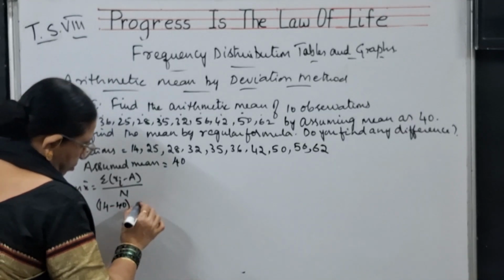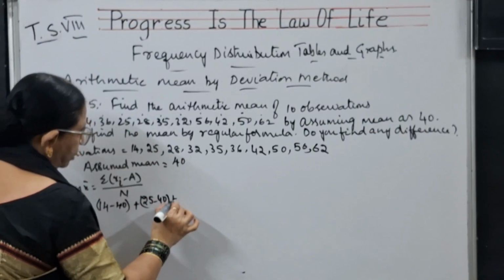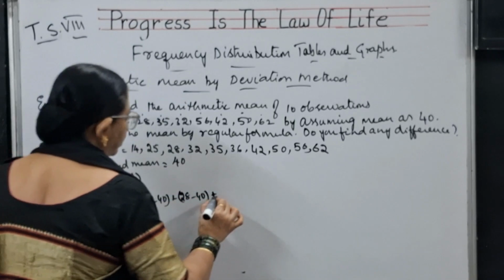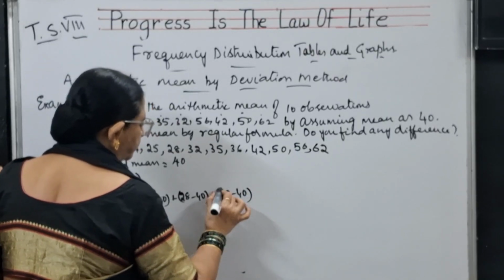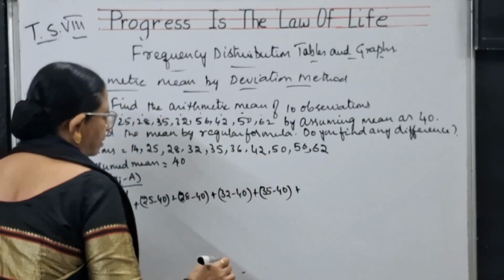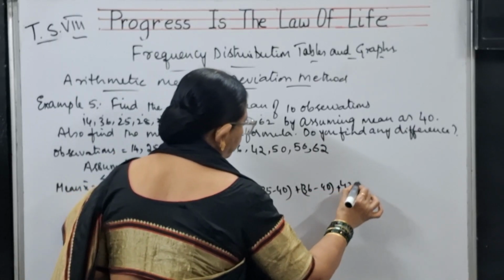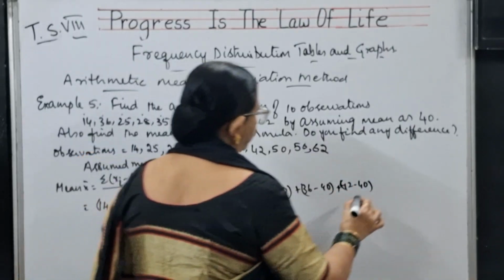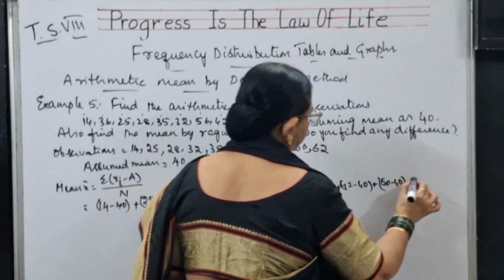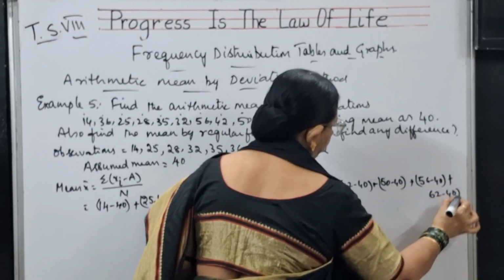Similarly, plus the next one, 25 minus 40, plus 28 minus 40, plus 32 minus 40, plus 35 minus 40, plus 36 minus 40, plus 42 minus 40, plus 50 minus 40, plus 56 minus 40, plus 62 minus 40.